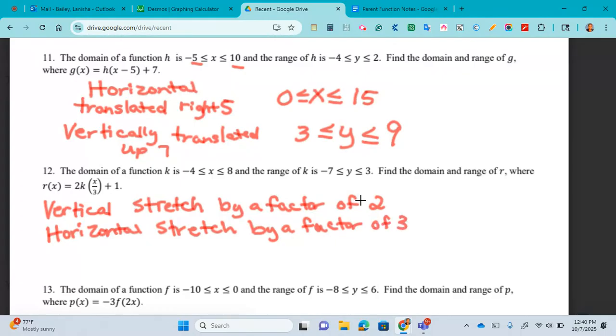That's dealing with my x. All right, and the last one, the plus 1, is dealing with my y, which would be a vertical translated up by what? By 1.